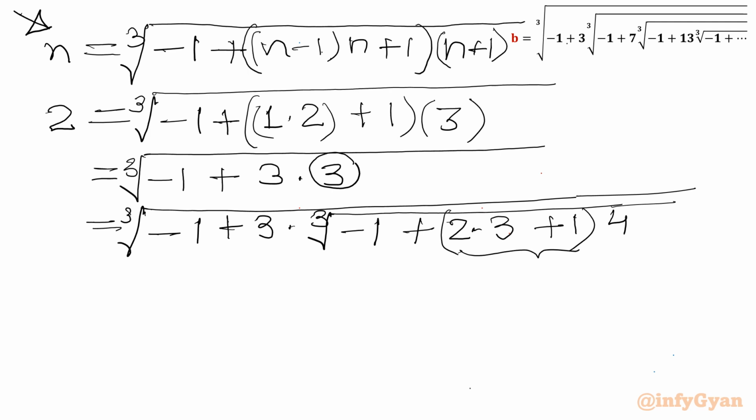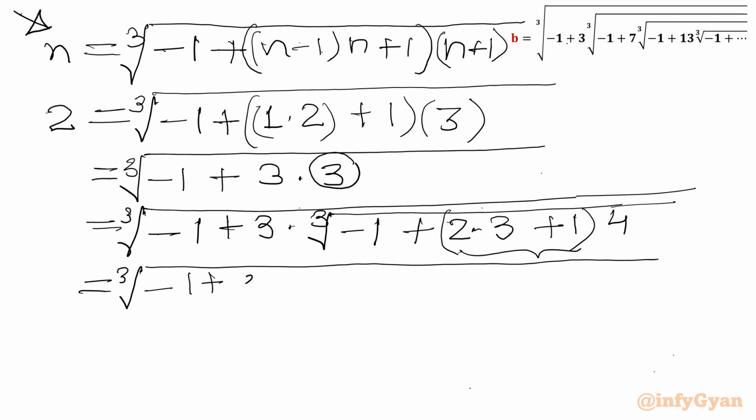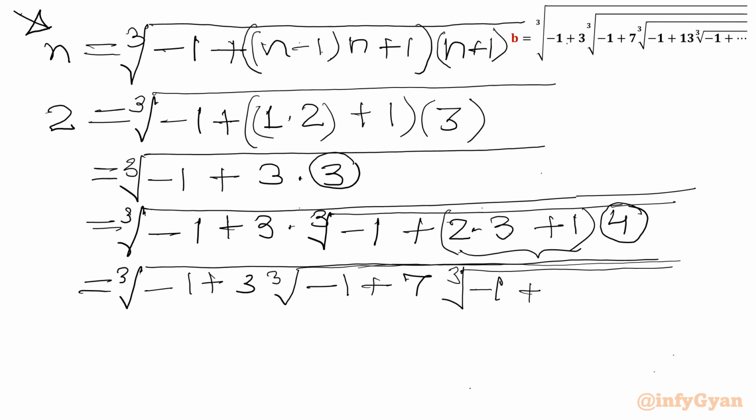Now you can see 6 plus 1, 7. So further I can write cube root of negative 1 plus 3 times cube root of negative 1 plus 7 times, again I will apply the same formula here. So I can write cube root of negative 1 plus n minus 1. So this time it will be 3, n, so 4 plus 1, and then the whole bracket times n plus 1, which will be 5.